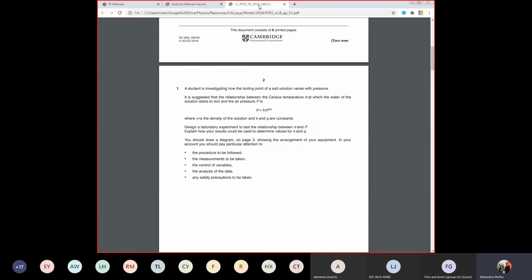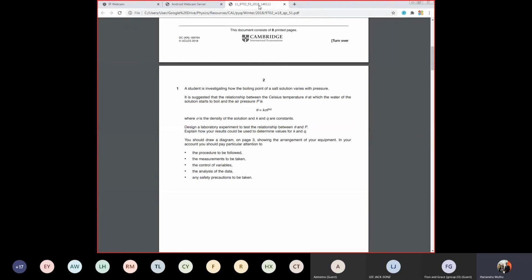So you're given this particular equation. Sigma is the density, and K and Q are constants.